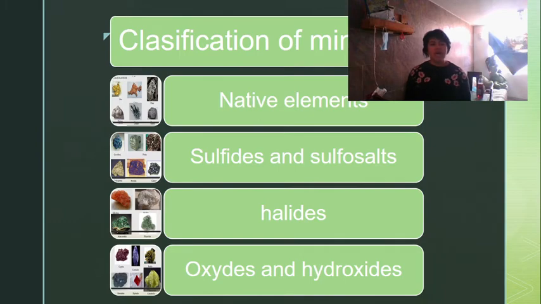Halides. The class is characterized by the predominance of halogen ions, chlorine, bromine, fluorine, iodine, with charge -1, where they are combined with metallic elements.